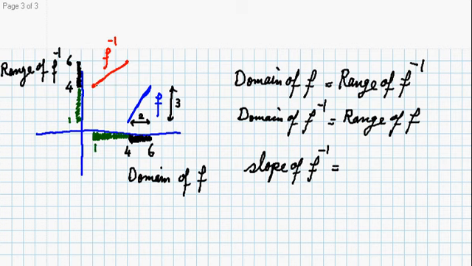For f inverse, these numbers are reversed. The run is 3 and the rise is 2. So the slope of f inverse is 2/3, slope of f is 3/2. These slopes are reciprocal, so slope of f inverse is 1 over slope of f.